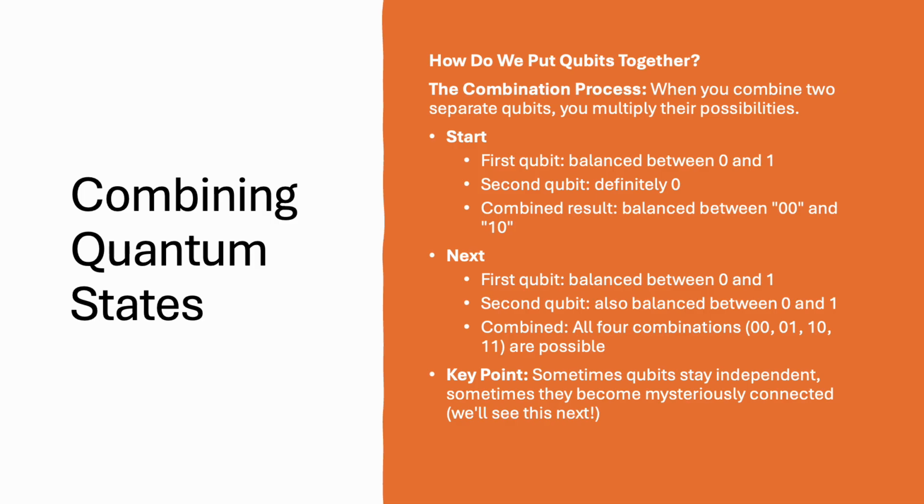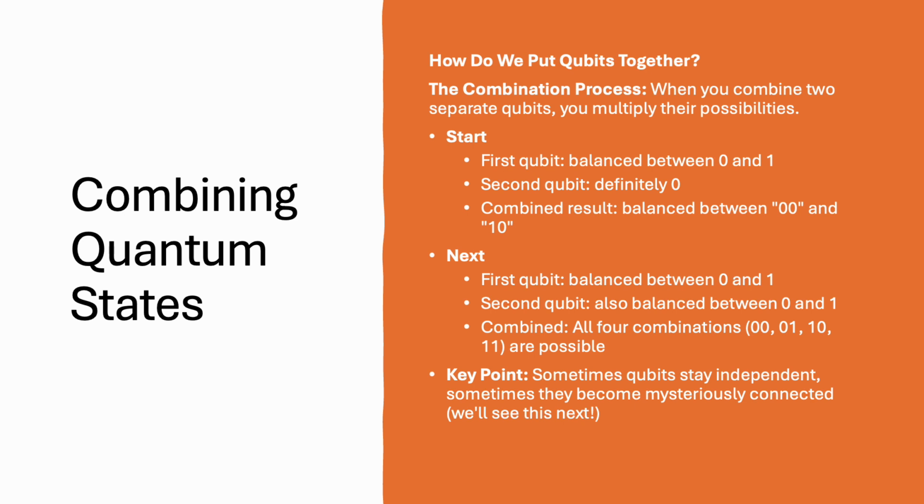Now let's try a more complex example. Suppose both qubits are in a balanced superposition independently. The first qubit is equally 0 and 1, and so is the second. When we combine them, we get all four possibilities: 00, 01, 10, and 11, each with equal probability. This is an example of a separable state.